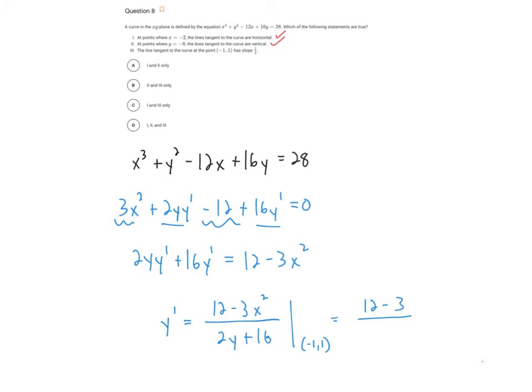Okay, that just ends up being 3, and then plug in 1 for y, 18, and this is a half, like they say. So all 3 of these are true.